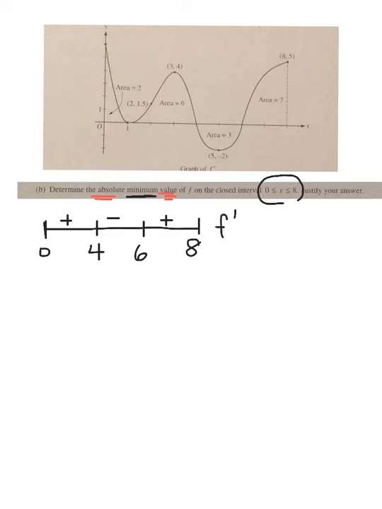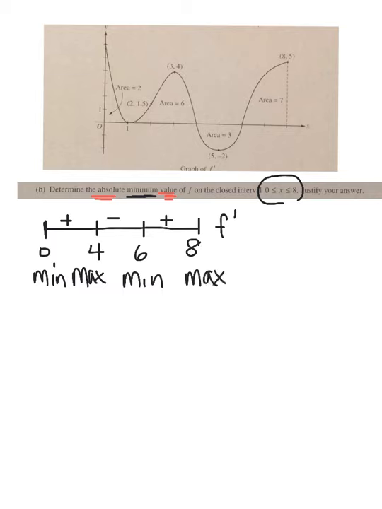Okay, so then from part A, we said that 6 was a minimum, which would make 4 a maximum, right? Because the signs are changing from positive to negative, which makes 0 a min and 8 a max.